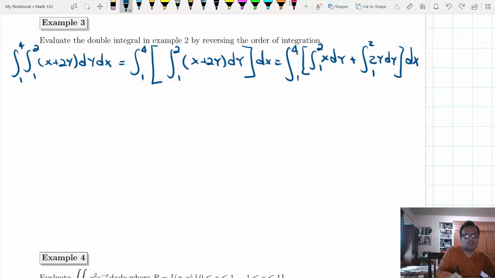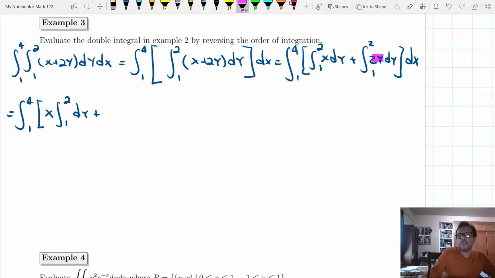Okay, let me go to the following line, from 1 to 4, right? So this will be x times the integral from 1 to 2 dy plus the integral of 2y dy. Well, in this case, the y is with respect to y. However, all I'm going to do here is pull out the constant factor, which is the number 2.